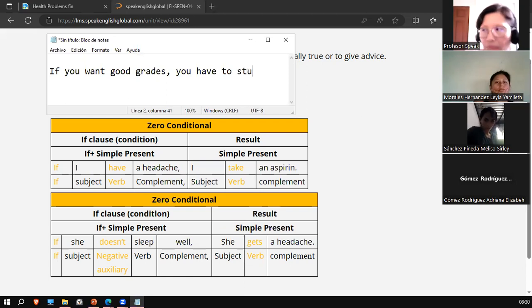You have to study. Si quieres buenas notas, debes de estudiar o tienes que estudiar. ¿Ok? Entonces, if you see, I have present simple in both of them, right? Tengo presente simple en mis cláusulas. ¿Ok? So, if you want, present simple, you have to study.